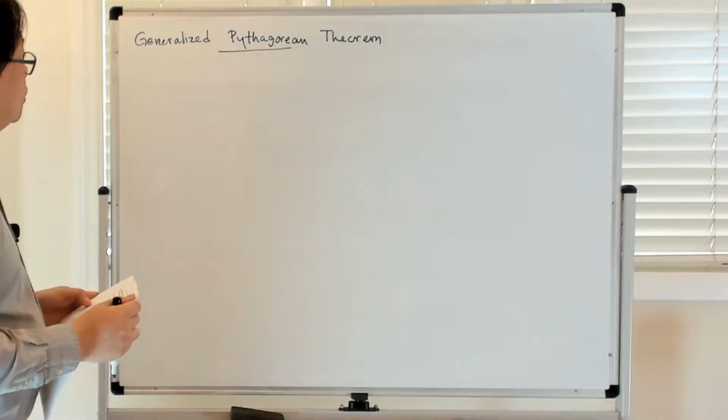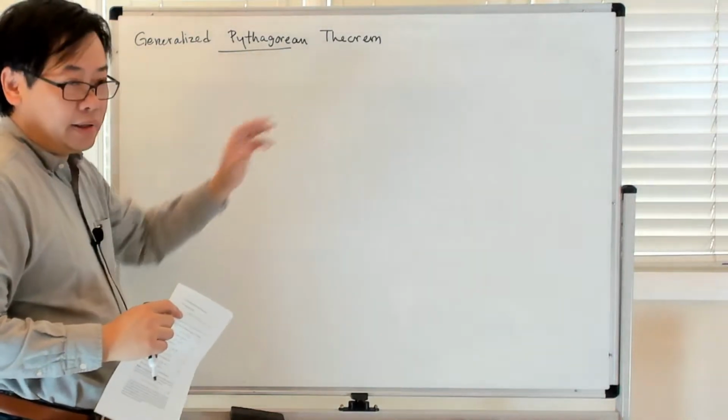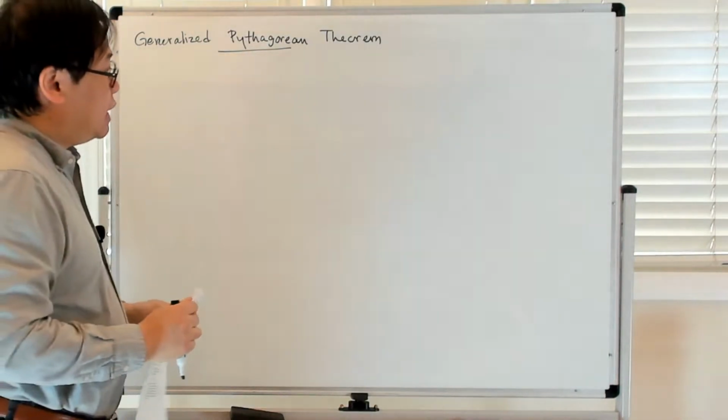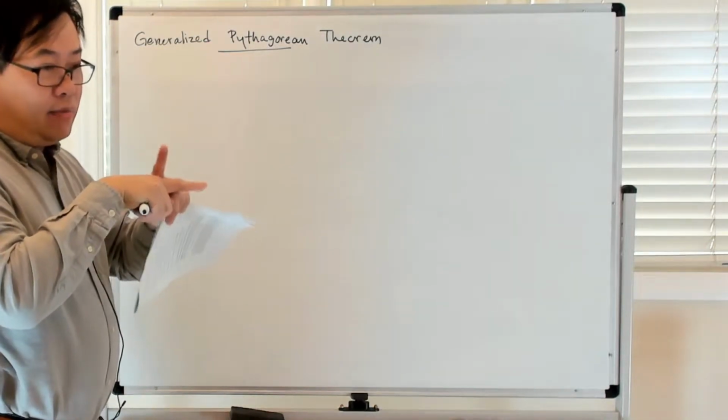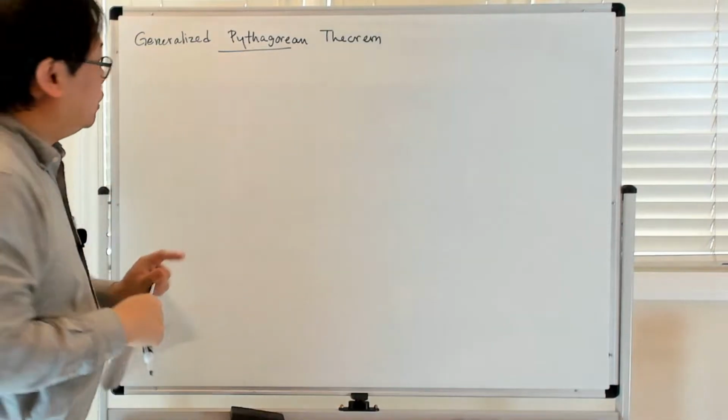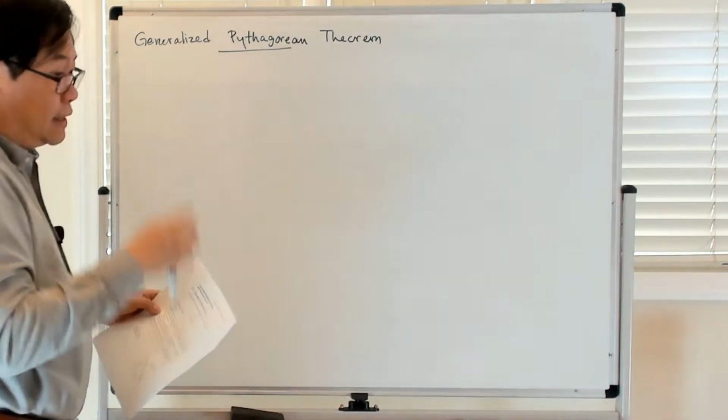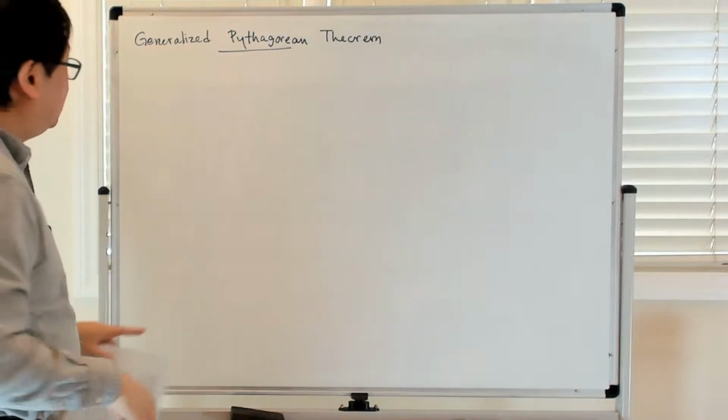Okay, so of course, in the Pythagorean theorem as we typically understand it, you have two straight lines, and they meet at a right angle. So that's to say they're perpendicular to each other.